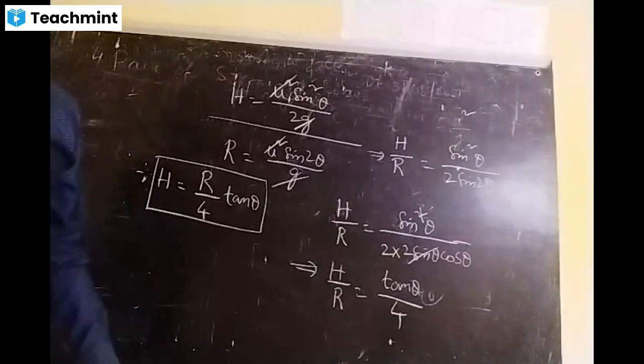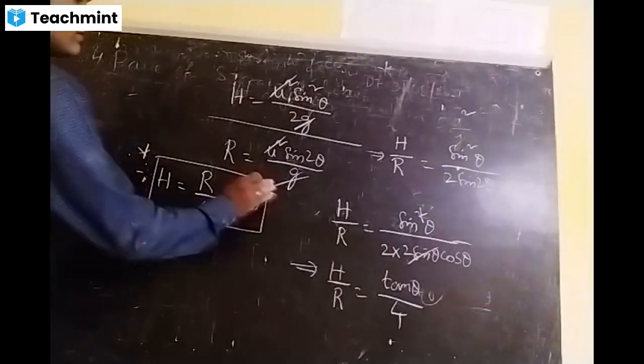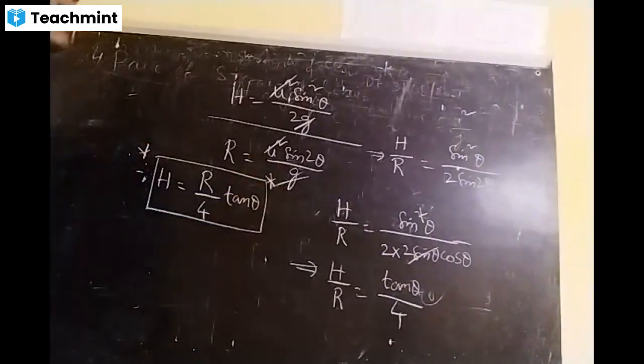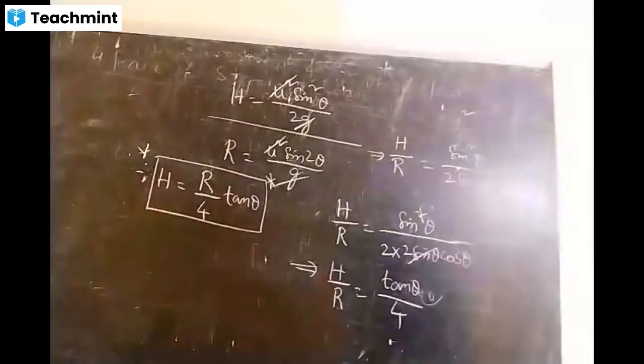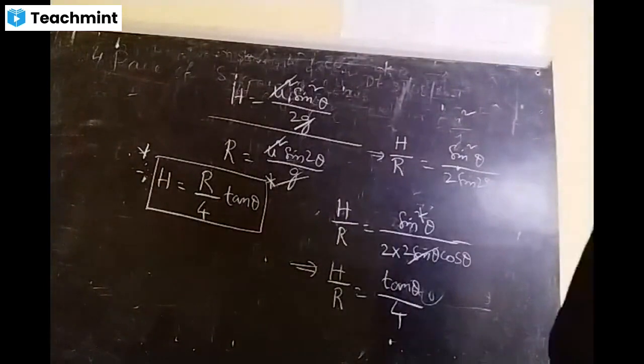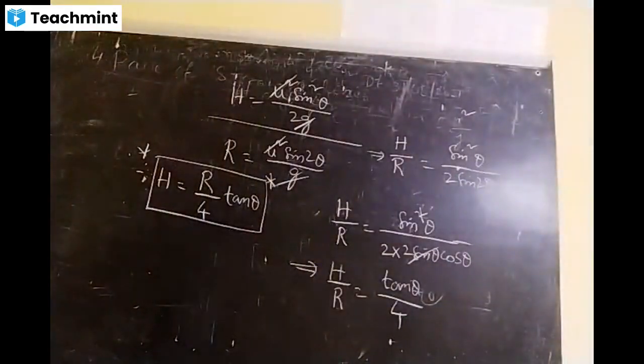So remember this formula so that it will be easy for you. The relation between maximum height and range of a projectile is H is equal to R by 4 into tan theta.